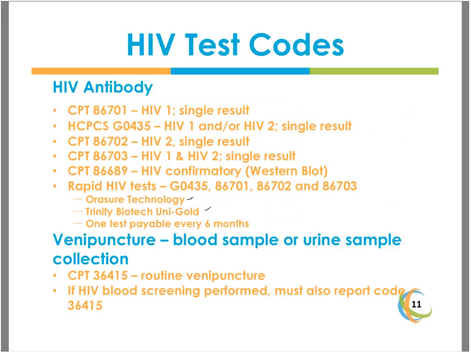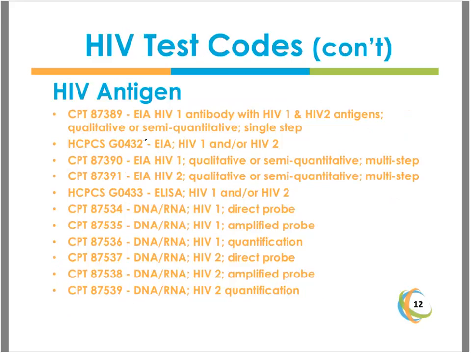And if the HIV test is a blood screen, you would also report CPT code 36415. If it's an antigen, then you would select the appropriate antigen code based on the service that your local Medicaid state agency says is appropriate.